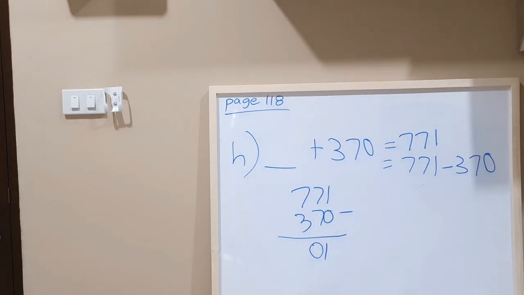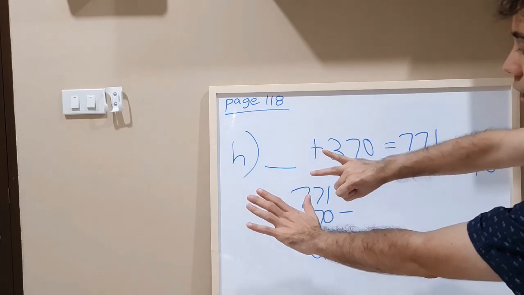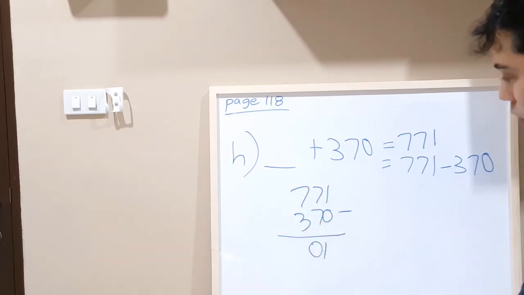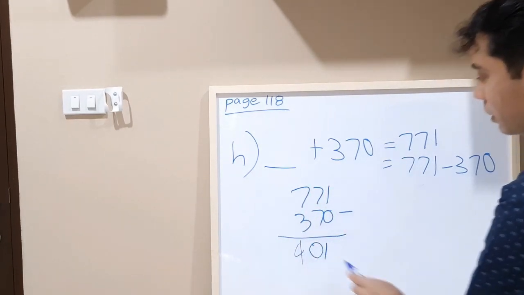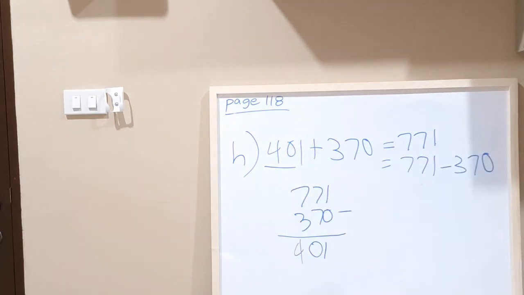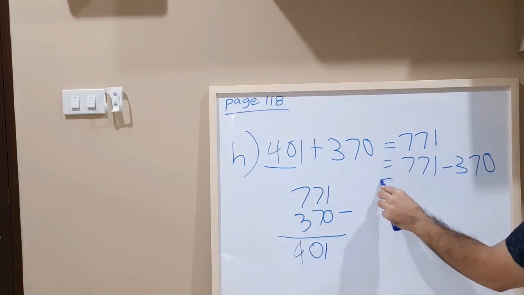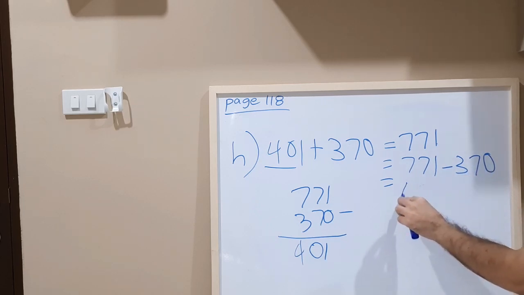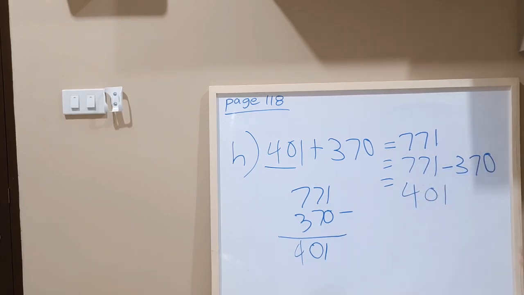Now let's go to the hundreds place. 7 take away 3, 1, 2, 3 will give you 4. So the answer is 401. So we can write here 771 minus 370 will give you 401. Let us see if it is correct.